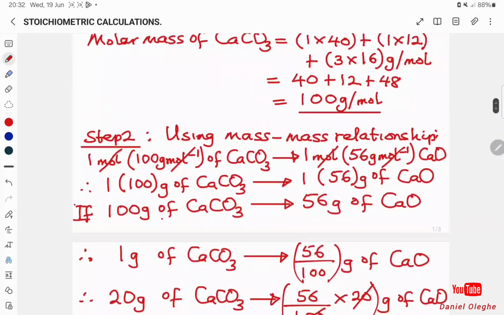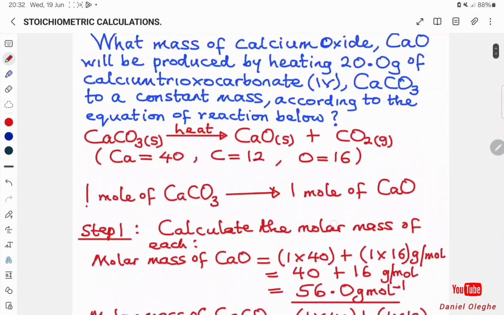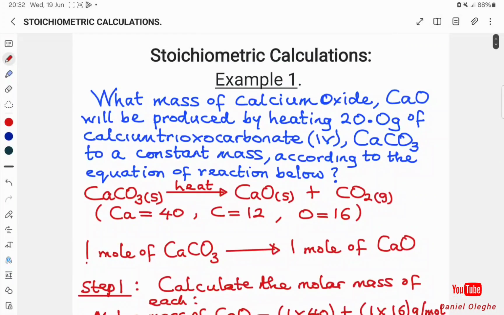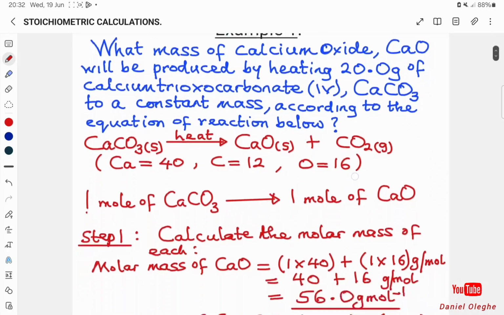So this is how to calculate the mass of the calcium oxide if 20.0 gram of calcium carbonate is completely heated to a constant mass.